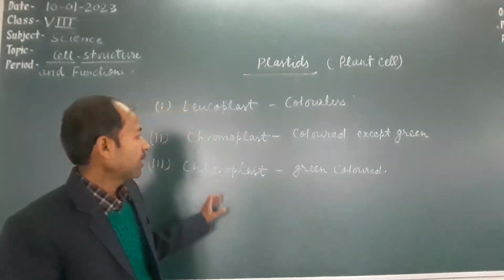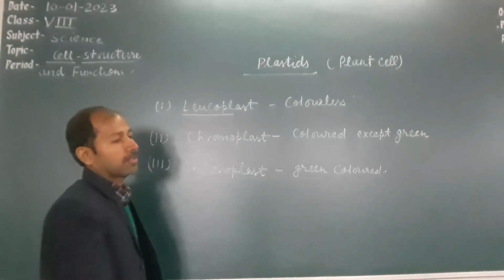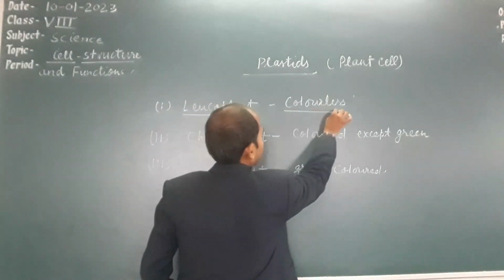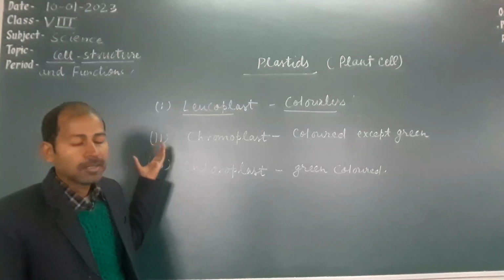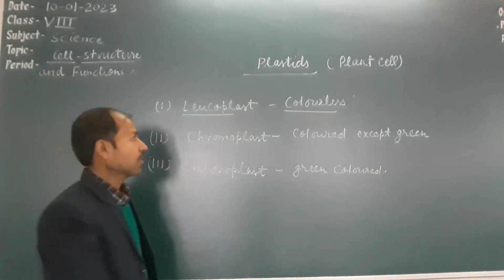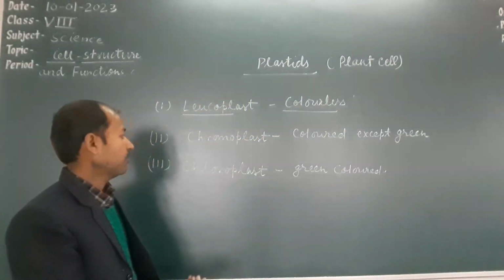There are three types of plastids. First is leucoplast, which is colorless. Leucoplast is a plastid which is colorless, meaning there is no color in this plastid.